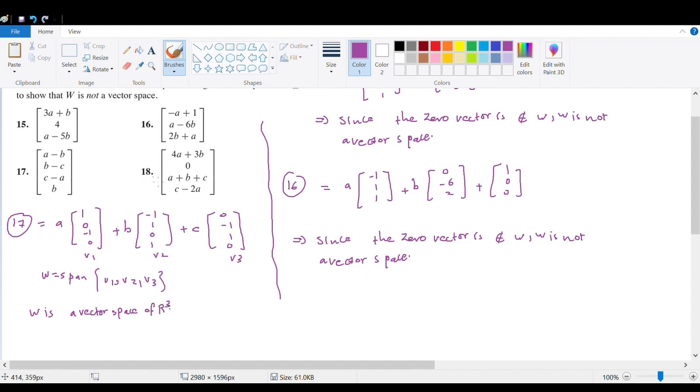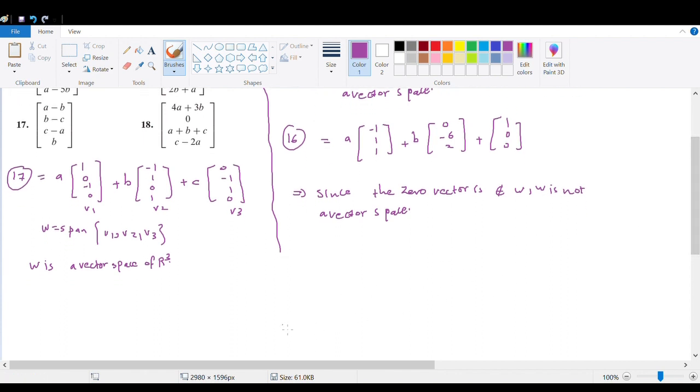For 18, we do it similarly to 17. So W is equal to A times 4, 0, 1, minus 2, plus B times 3, 0, 1, 0, plus C times 0, 0, 1, 1.